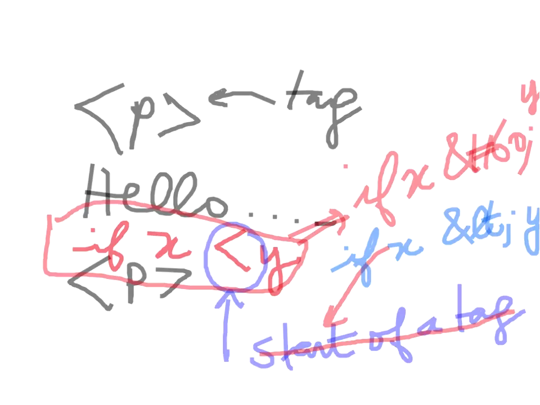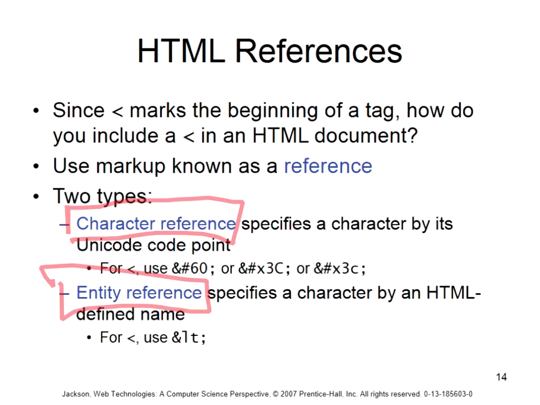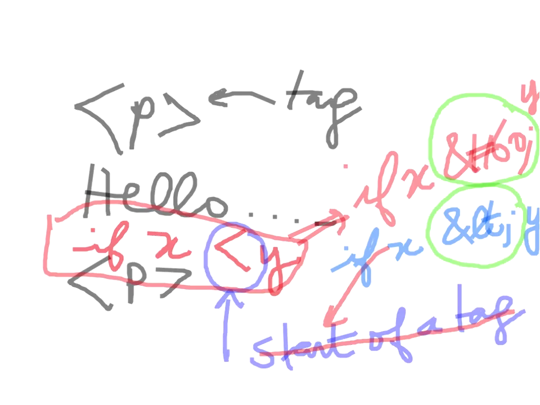So &lt; is an entity reference and &gt; is a character reference. It's clear? So this reference represents this special mark.